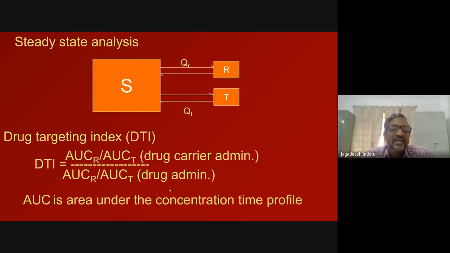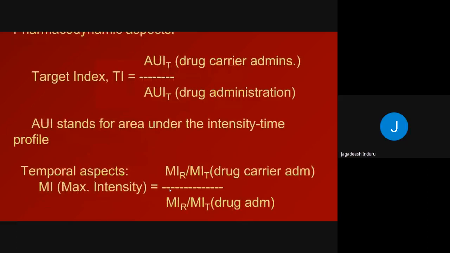If it is 1, the ratio of top and bottom is the same, which means you don't have any targeting. So in the steady state analysis, if you don't have any targeting, then in pharmacokinetics there is no use of delivering the drug in the carrier because it has no beneficial effect. The second is the pharmacodynamic aspect, where we are also going to have a targeting index.